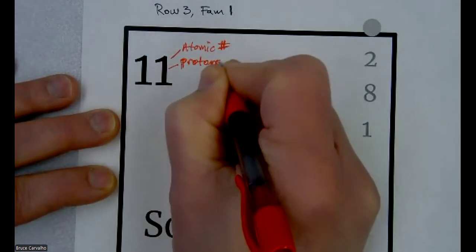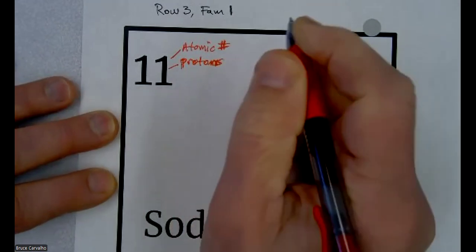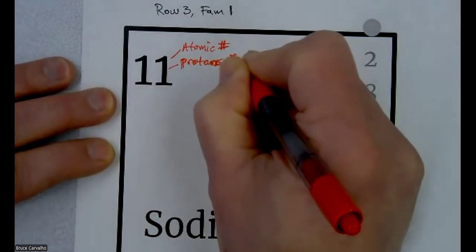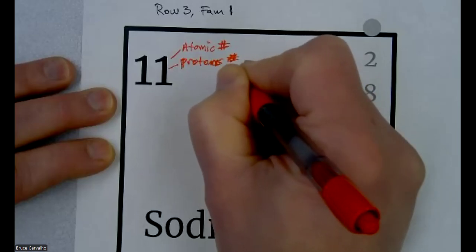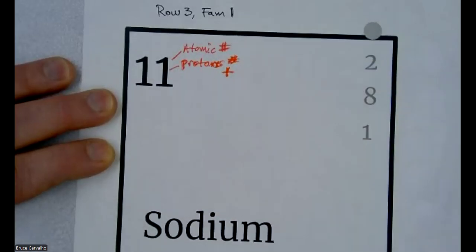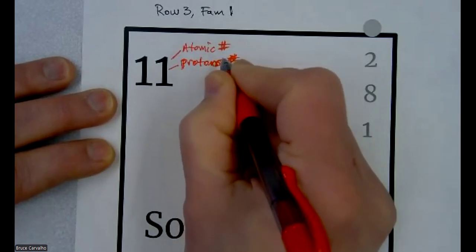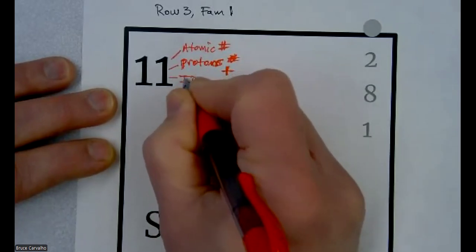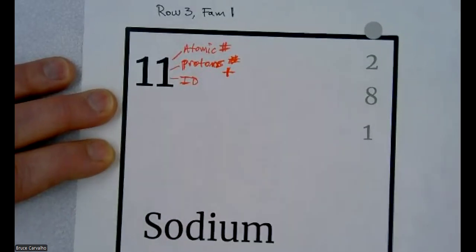Oops, sorry about that. A little gooey there, huh? And, oops, sorry. This is a positive charge. And it also tells us the ID. It tells us what the name is of that thing.